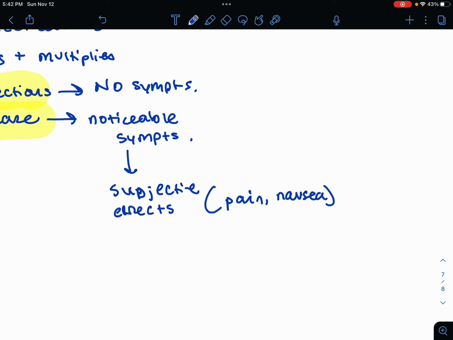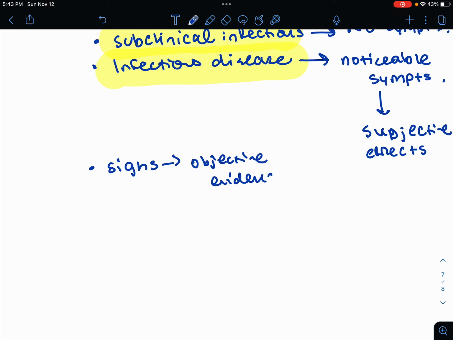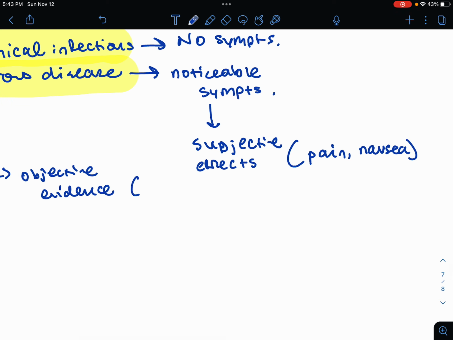They can't tell. However, signs are much different. Signs are objective evidence that even other outside sources could see, such as a rash or swelling.